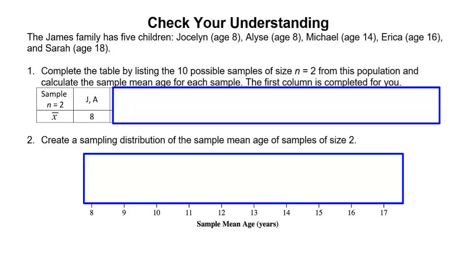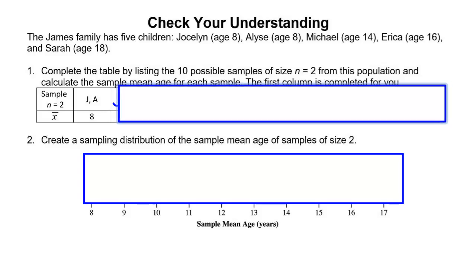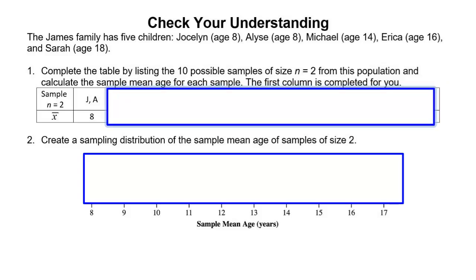What are the other possible arrangements of 2 kids from this family? Jocelyn and Michael. What else? Got Jocelyn and Michael, and we could do Jocelyn and Erica, Jocelyn and Sarah. Or I could do Elise and Michael, Elise and Erica, Elise and Sarah.